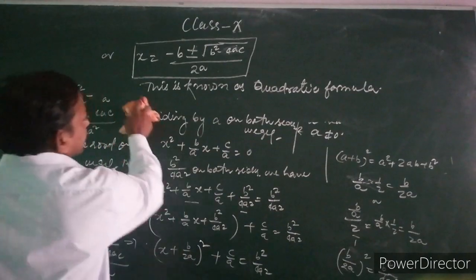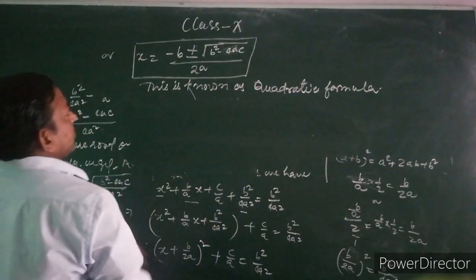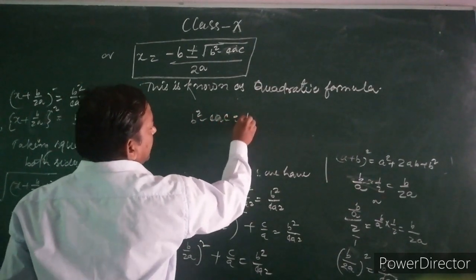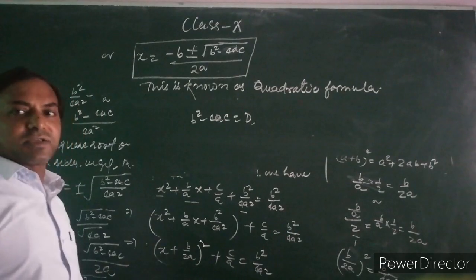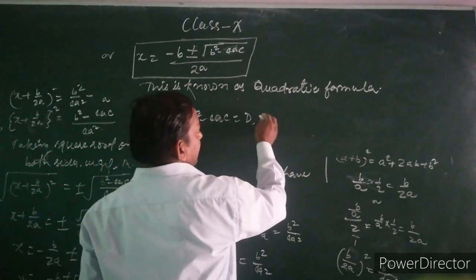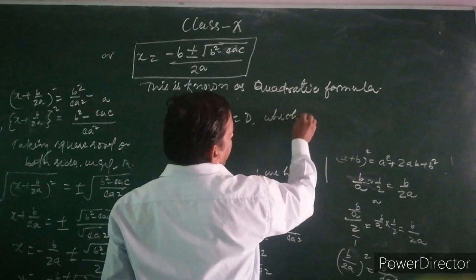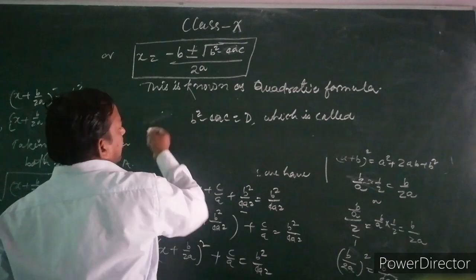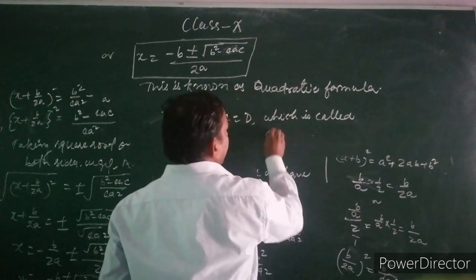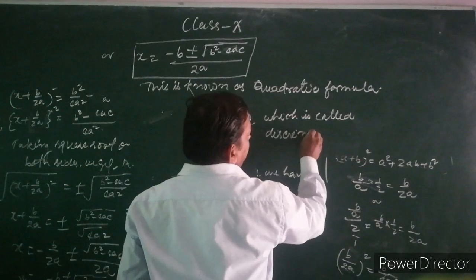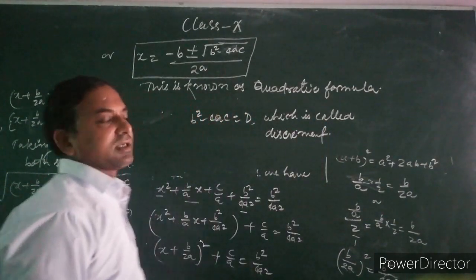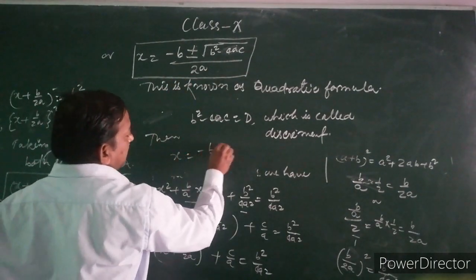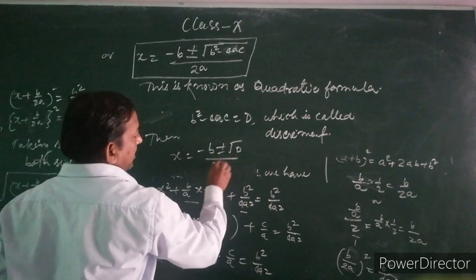Suppose b² − 4ac equals D, and b² − 4ac is called the discriminant of the quadratic equation. Then the above formula becomes x equals minus b plus minus under root D upon 2a.